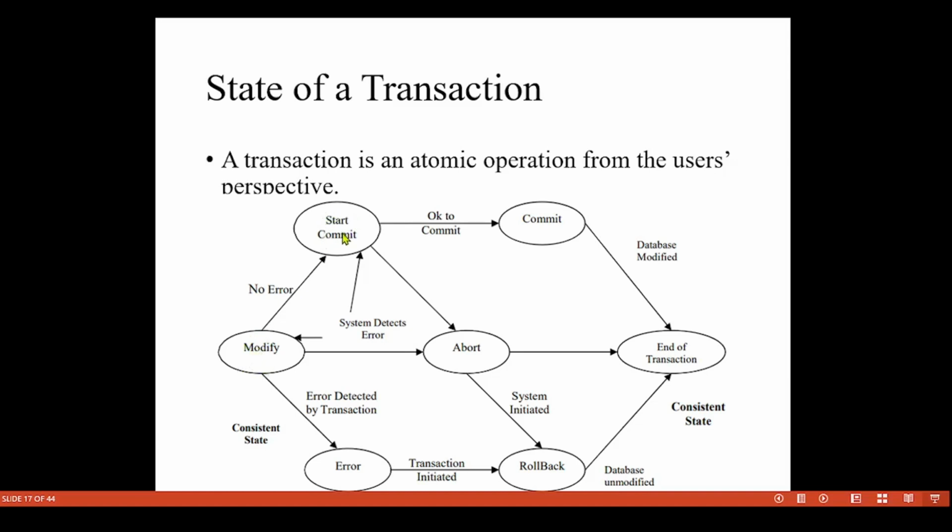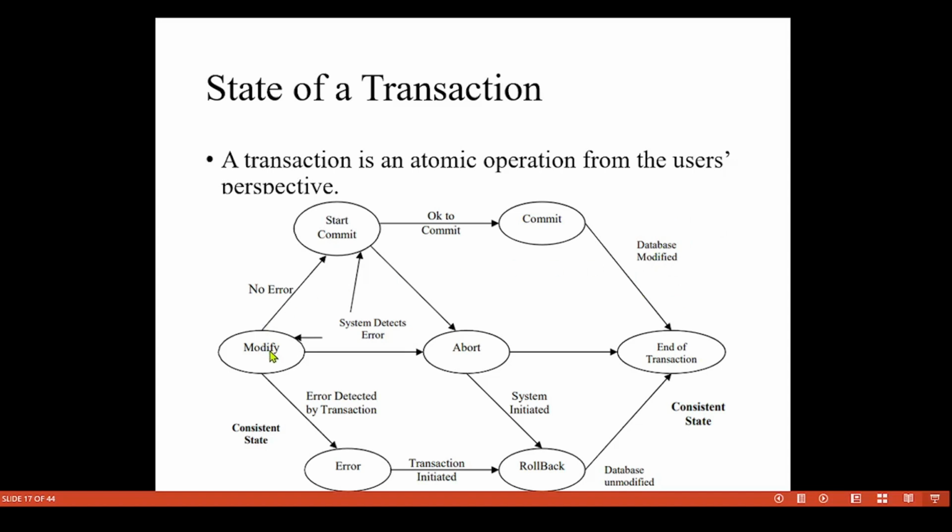Next, in this direction, start commit. That means partial commit, in the sense that there is no error. So the partial commit may be okay, a correct transaction, and goes to the commit operation, and finally the end of transaction, updating or changing the database files.